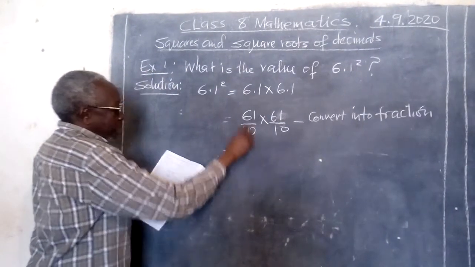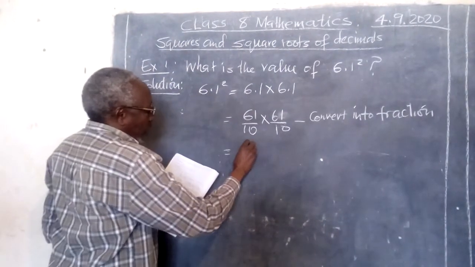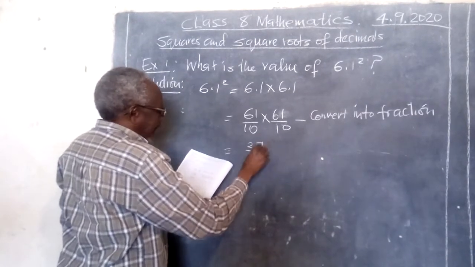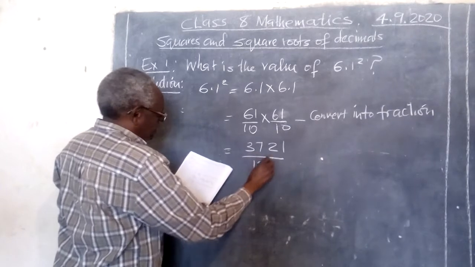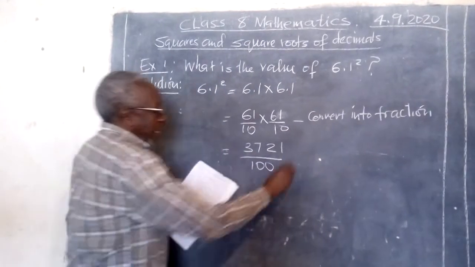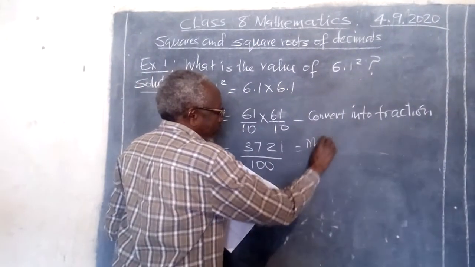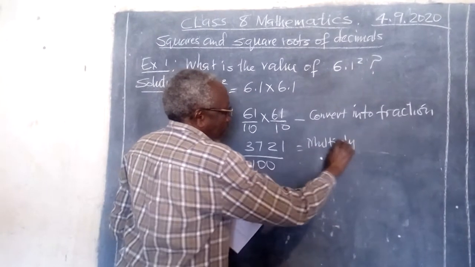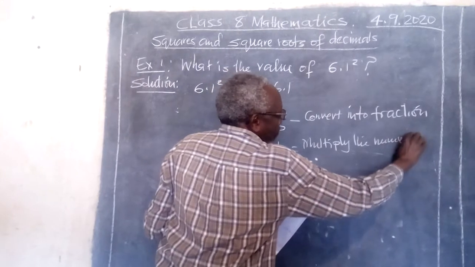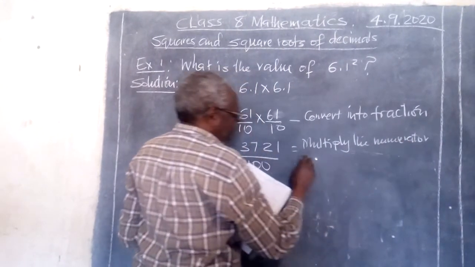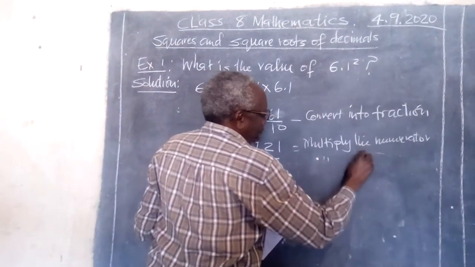So we have here 61 times 61, we have 3,721 over 10 times 10, which is 100. Meaning, we multiply the numerator and we multiply the denominator.